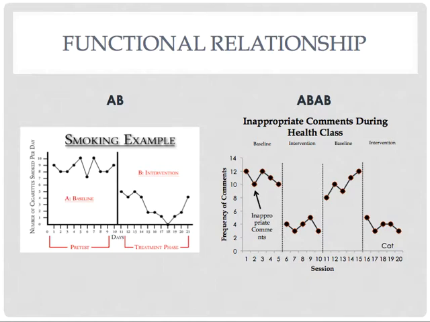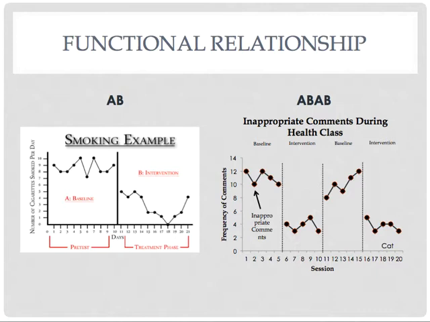Now, looking at that, you could say that, when the participant received the treatment, the number of cigarettes smoked decreased. But can I truly say that there is a functional relationship between the two? What if there were other things that were happening? What if there are other variables that could have caused the decrease in cigarettes smoked per day?